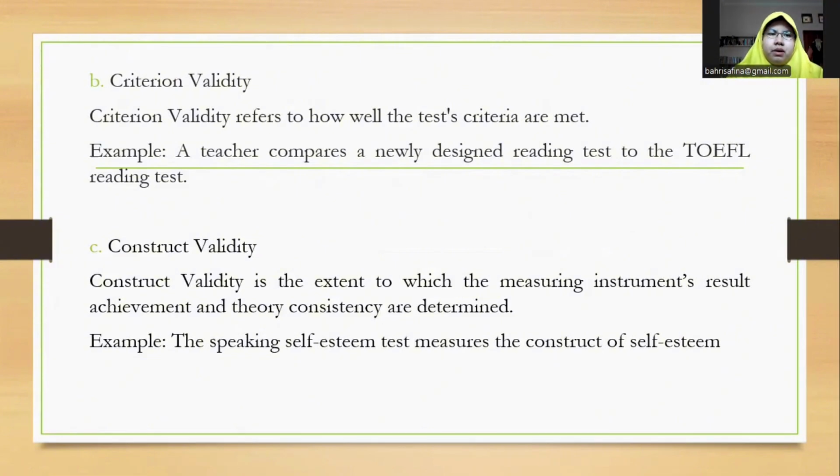The second type is criterion validity. It is about the compatibility between the test and the criteria. One of the examples is a newly designed reading test being compared with the TOEFL reading test.